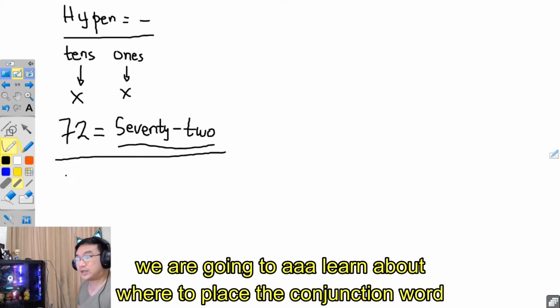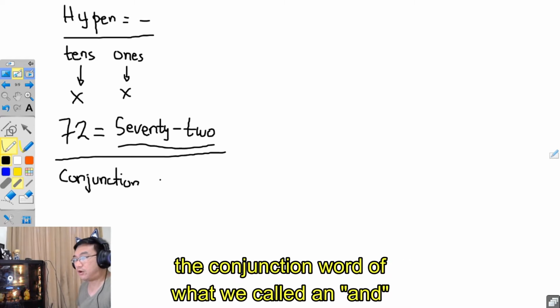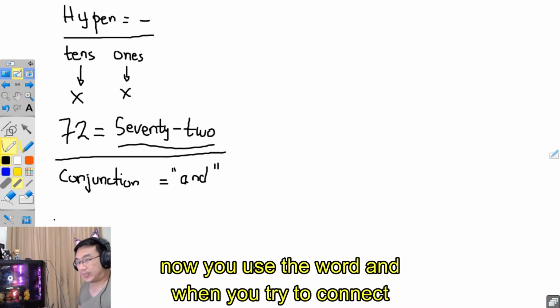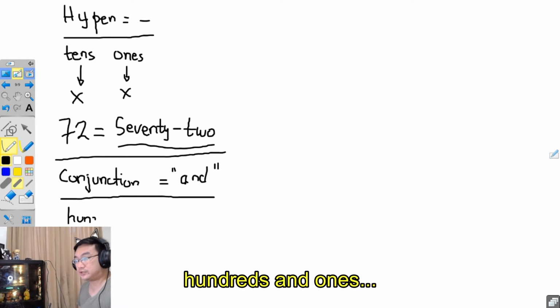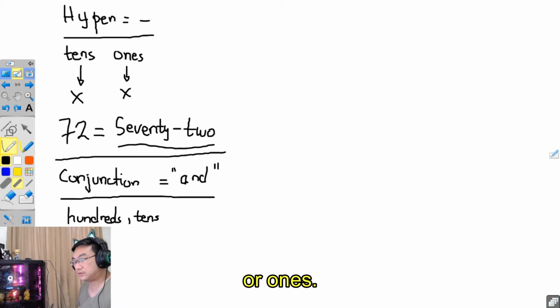We are going to learn where to place the conjunction word that we call "and". Where will you use the word "and" when you are naming a number? Now, you use the word "and" when you try to connect hundreds and ones or tens.